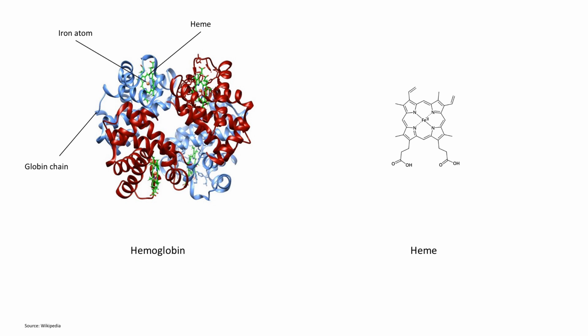This state of hemoglobin is called tense state or T state, and this state is maintained due to stronger ionic interaction among adjacent globin chains. So when hemoglobin is in the T state, it has low affinity for oxygen binding, and this state is favored in peripheral tissues, so this helps in dissociation of oxygen from hemoglobin.